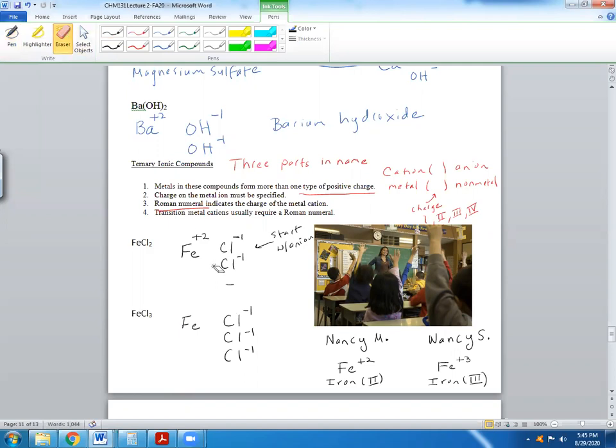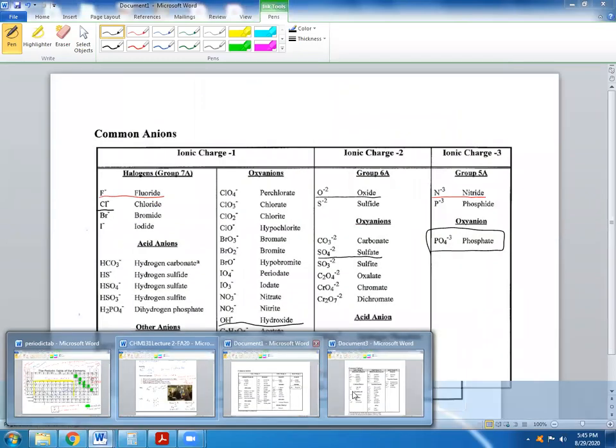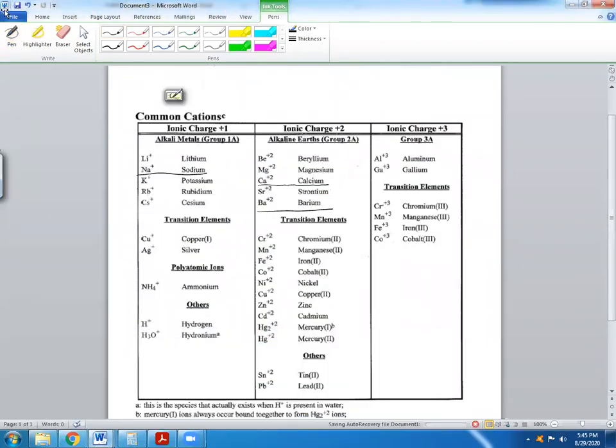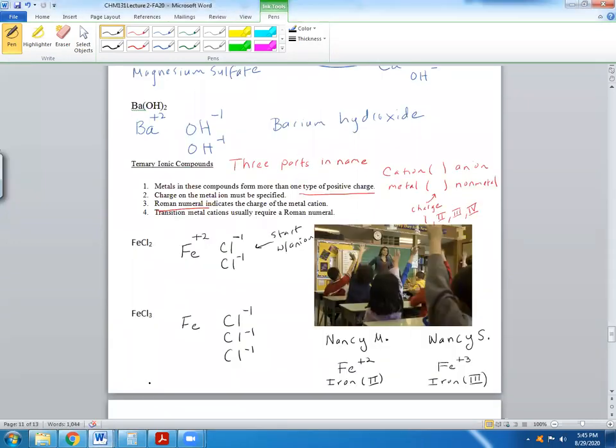That's how you extract the charge of the metal. Since we have two types of iron, we have to be careful. Once we find that it's iron +2, we call it iron 2. And of course, we know the name of this is chloride.